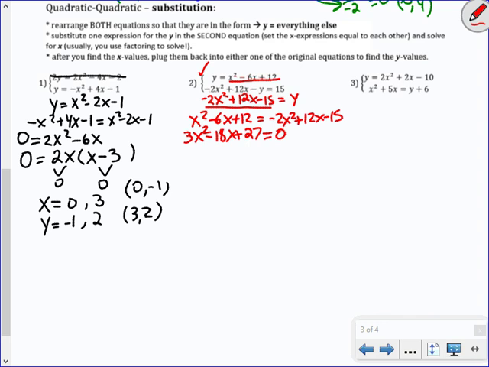Alright, now what would I do? Add the 15 to the 12 equals 27.